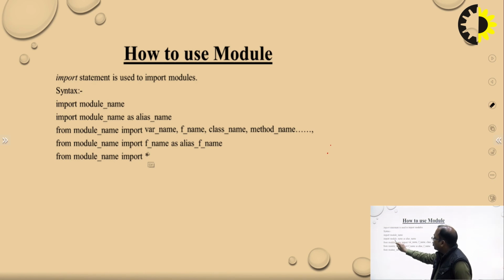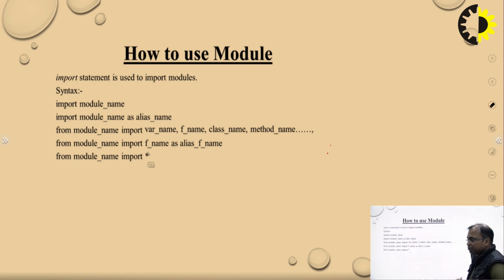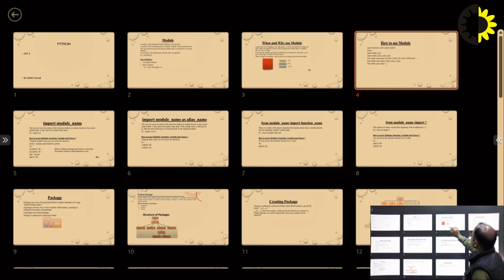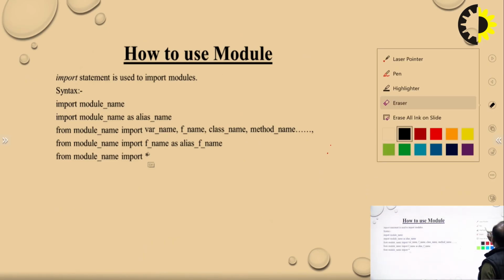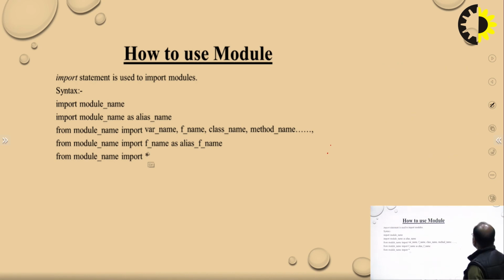Next, import module name as alias name. It means we can put an alias name for this module. Suppose there is a big name, like in this case a module named bank account.